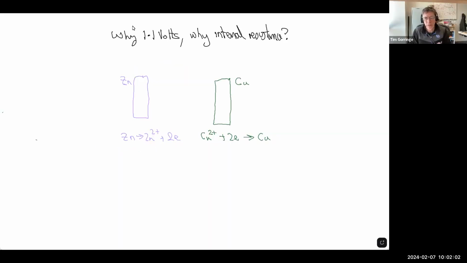I wanted to make a last remark about why we get 1.1 volts with the Volta battery, the battery with zinc and copper electrodes and either a brine or a lemon juice electrolyte. Why 1.1 volts? And also I wanted to make a remark about why there's an internal resistance for a Volta battery with the zinc and copper electrodes and brine electrolyte, or any other battery.